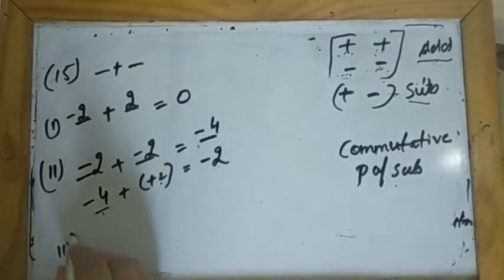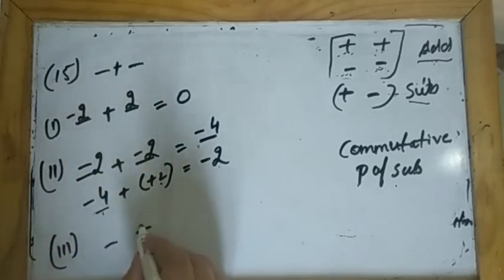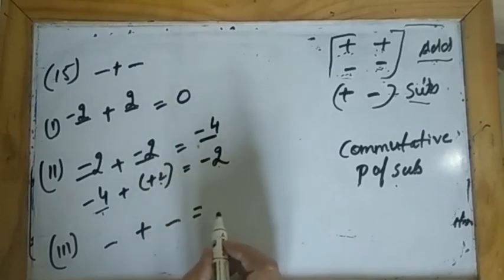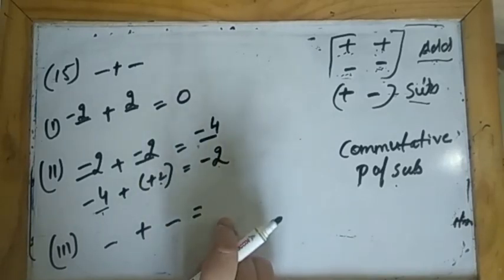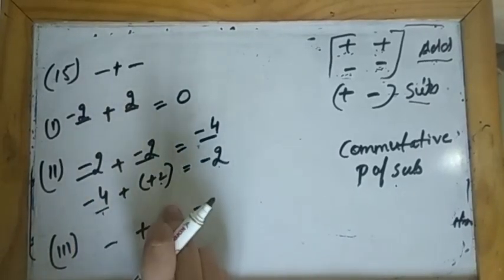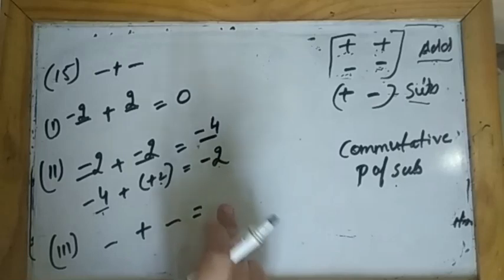The third part says I have to add two integers, find two such integers that the sum should be an integer smaller than both the integers. इन दोनों integers से small होना चाहिए उसका answer.